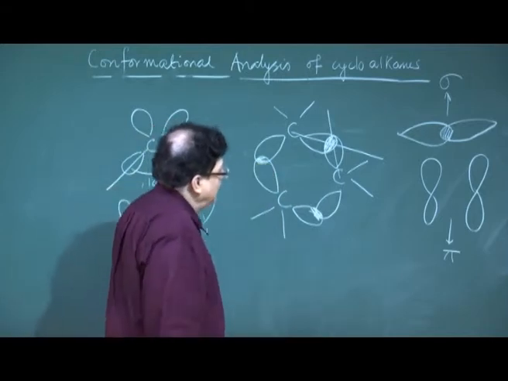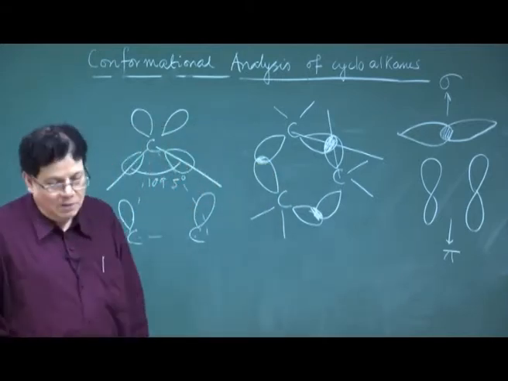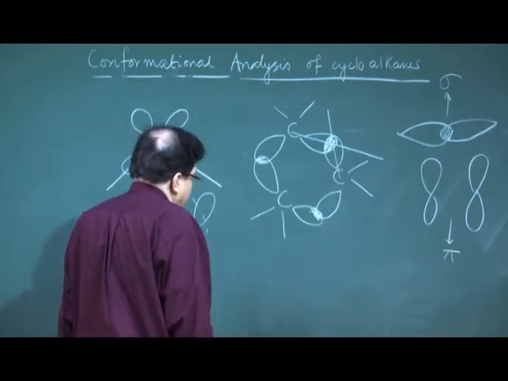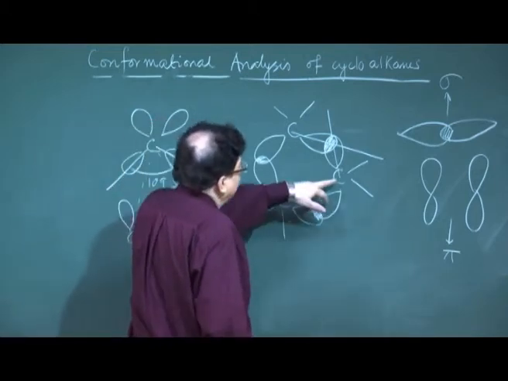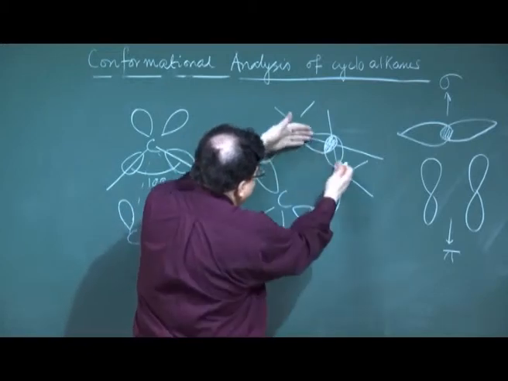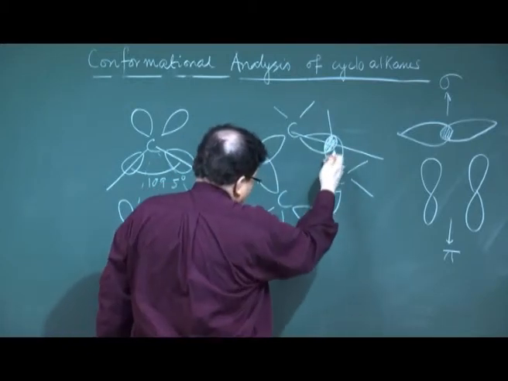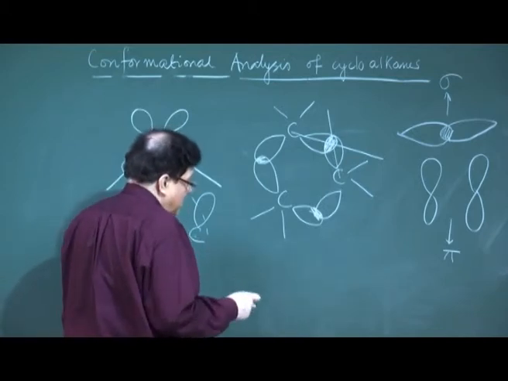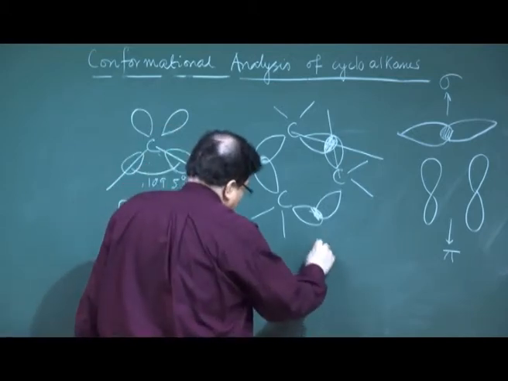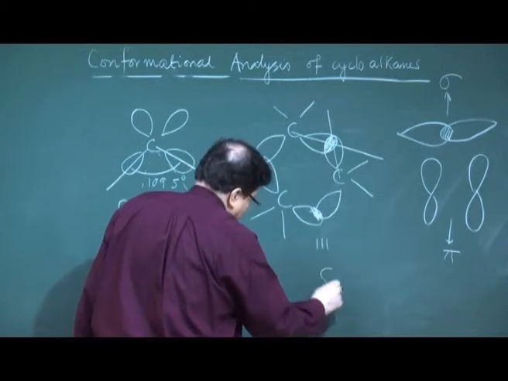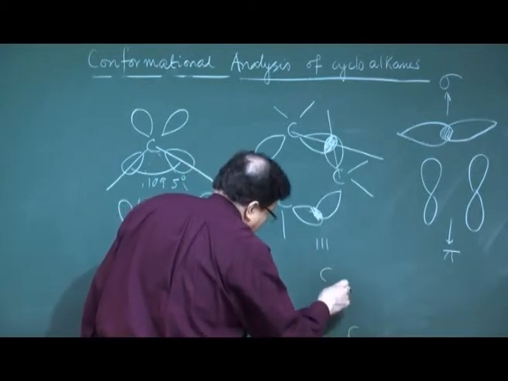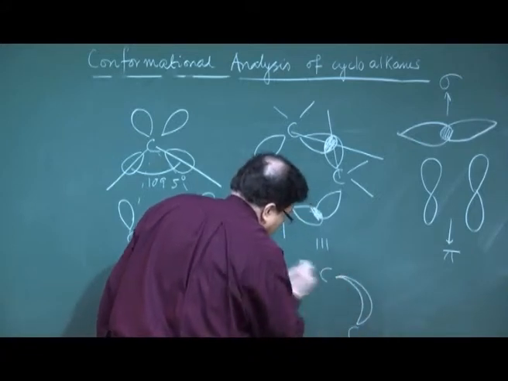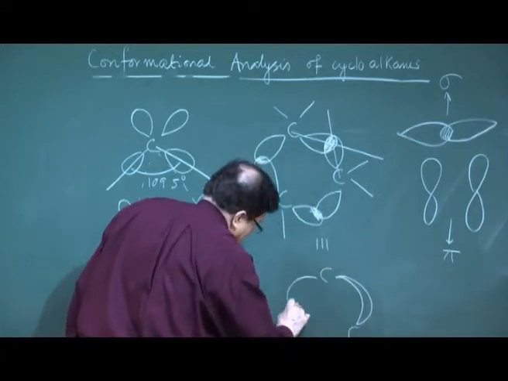Another way to look at this system, cyclopropane, is to say that when these orbitals combine with each other in phase, the molecular orbital that will be generated will look like this.